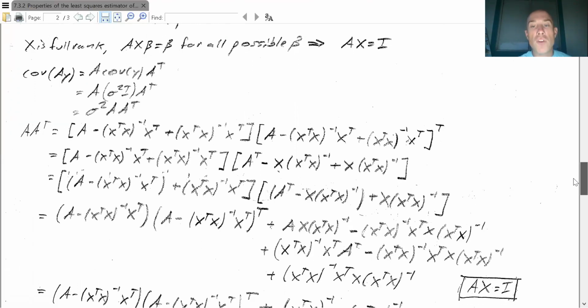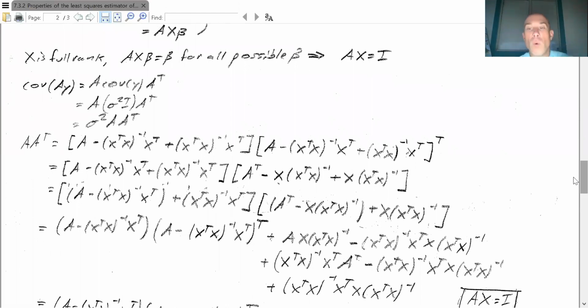And I get all this junk. When I work through this, a bunch of stuff cancels out, so I'm going to get rid of it. I'm going to have a total of about 4 terms.